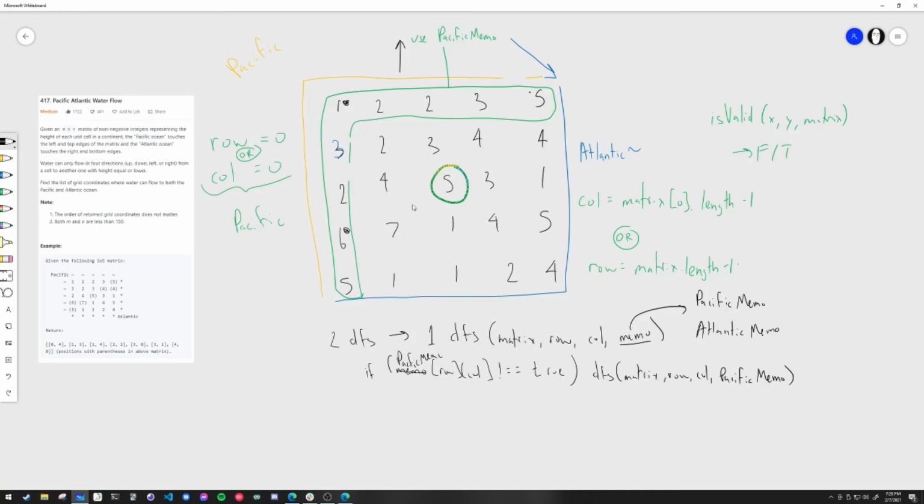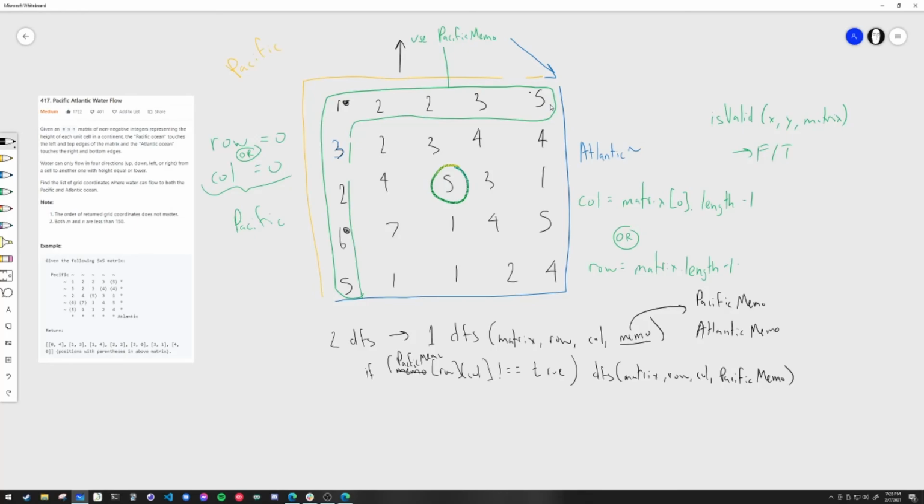Then once we have the numbers inside the green container, so now what? We know all of these numbers in the green rectangle already flow into the Pacific Ocean, if water were to be here.